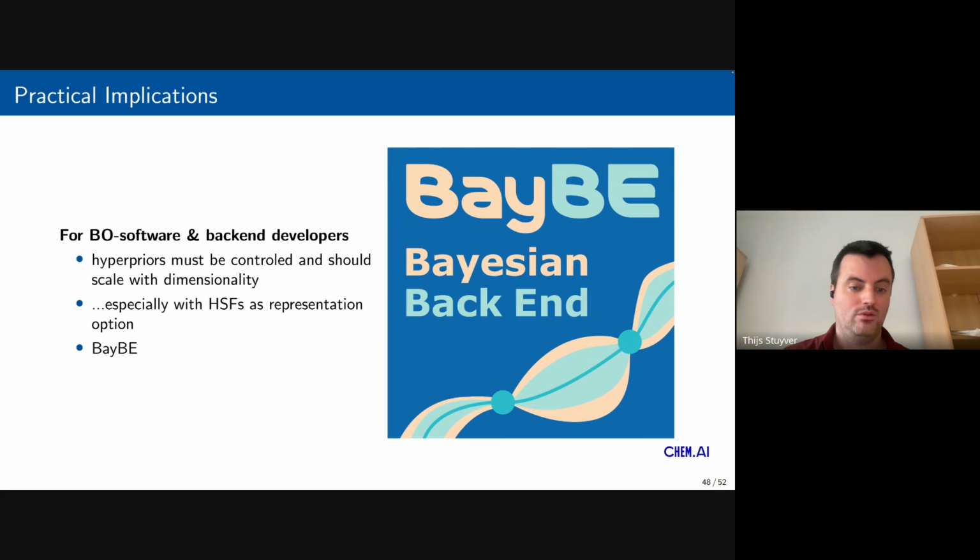And actually it works so well that we've also been in touch with the company Merck, who put out the Baybe software. And so we've actually contributed now this adaptive hyperprior approach to their repository. And so that also makes it now very easy to use it yourself if you want to give it a try.